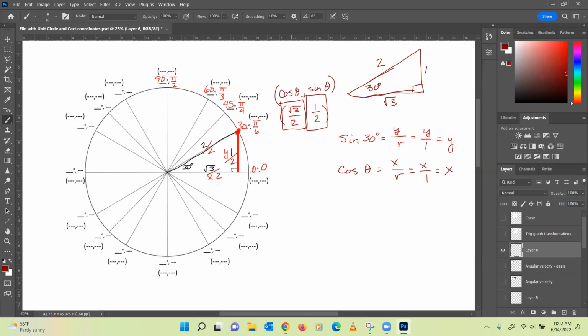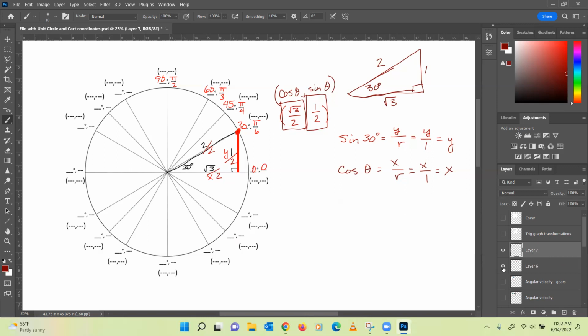Now think about this. We have already said that the ratio of sides is dependent on the size of the angle. So even if we have a circle whose radius is 2, the ratio of sides will still work out and give us the same √3/2 for 30 degrees. All right, now I'm going to take that idea and I'm going to help populate this unit circle.